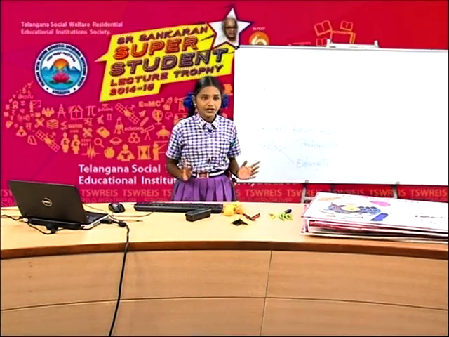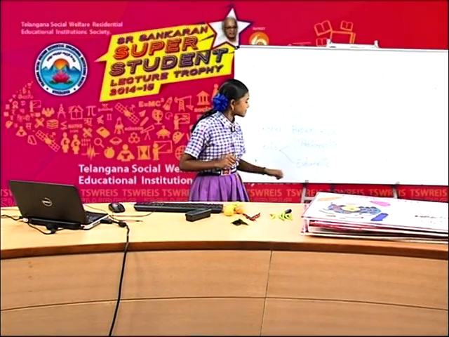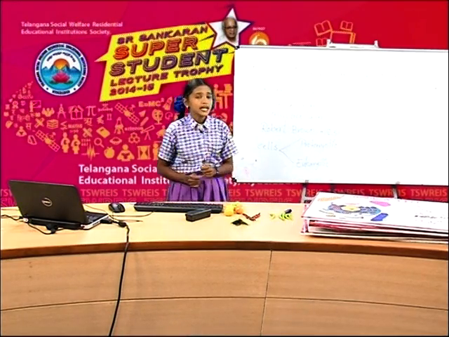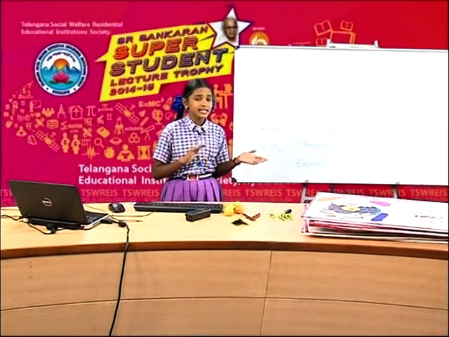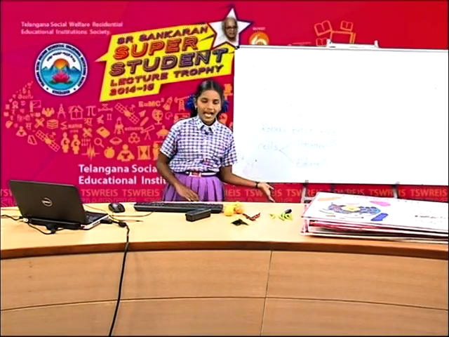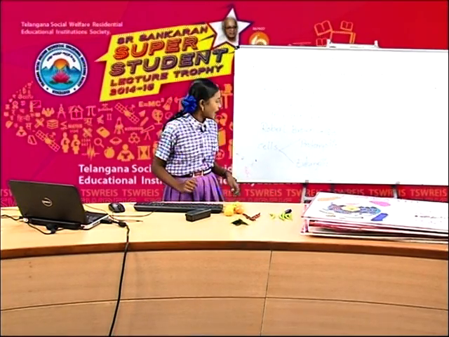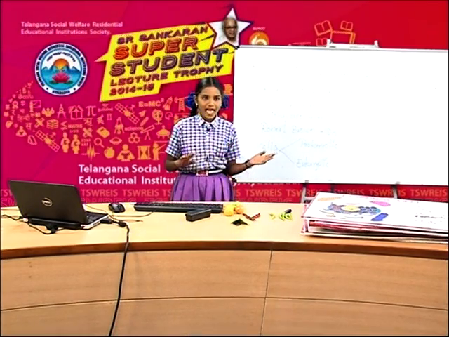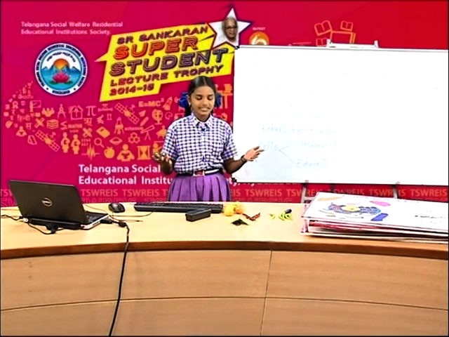In prokaryotic cells, nucleus is absent, but in eukaryotic cells, nucleus is present. Examples for prokaryotic cells are bacteria, etc. And for eukaryotic cells, human beings, plants, animals, etc.